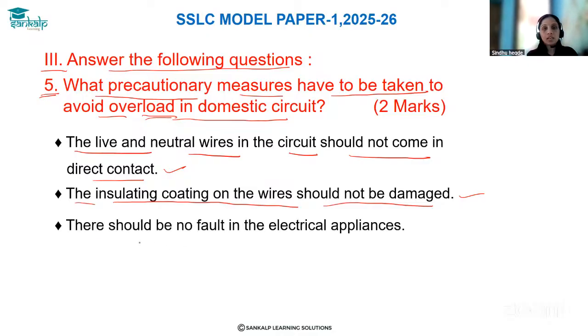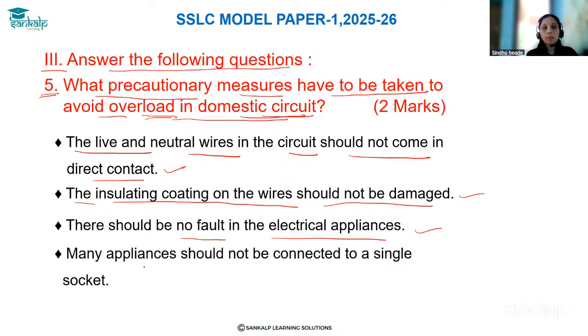Next, there should be no fault in electrical appliances. A domestic circuit contains many appliances, and none of them should be faulty. All should be in proper condition. This is also a precaution. Then, many appliances should not be connected to a single socket.